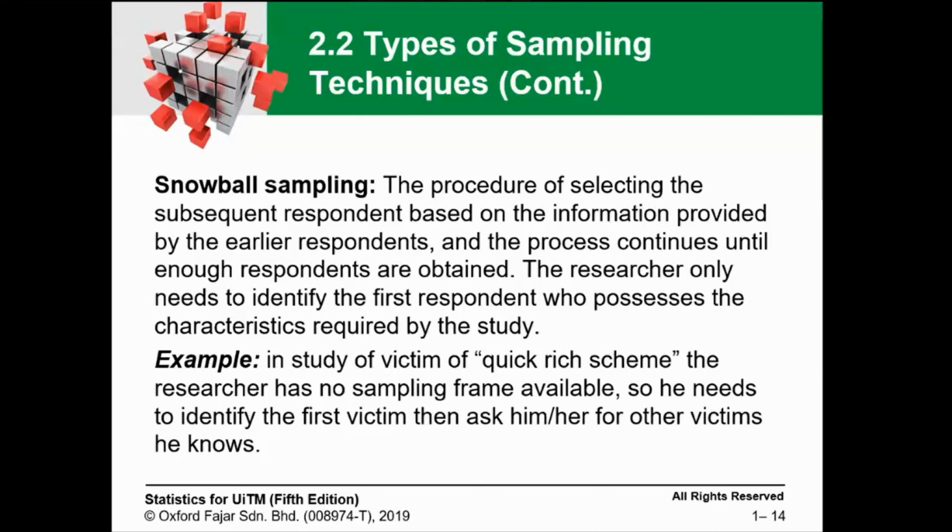So if our researcher is looking to make a study about those people who are victims of a get-rich-quick scheme, but he cannot find them, there is no data available about them, so he needs to find the first person. The researcher has no sampling frame, meaning he has no list of respondents. So he needs to identify the first victim, then ask him or her for other victims he knows.